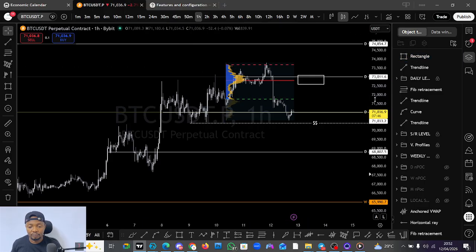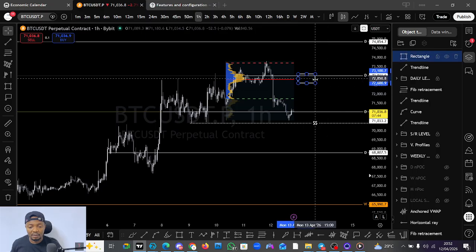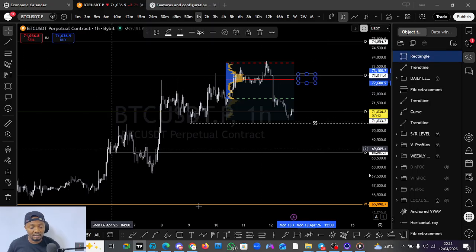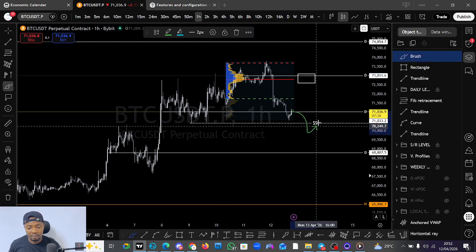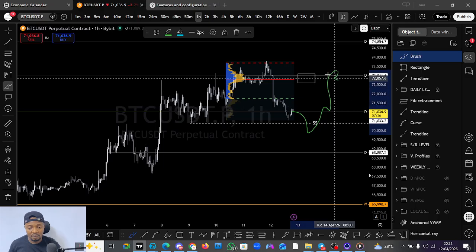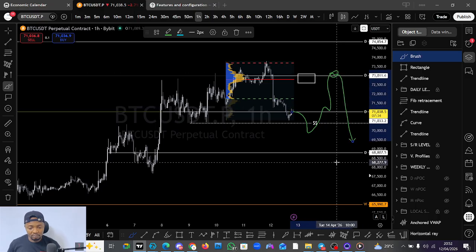So this would be an interesting level if price gets here. This could be the possible scenario, something price could do.